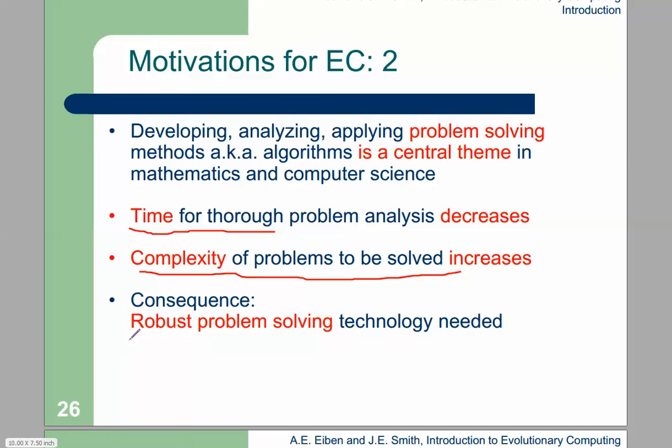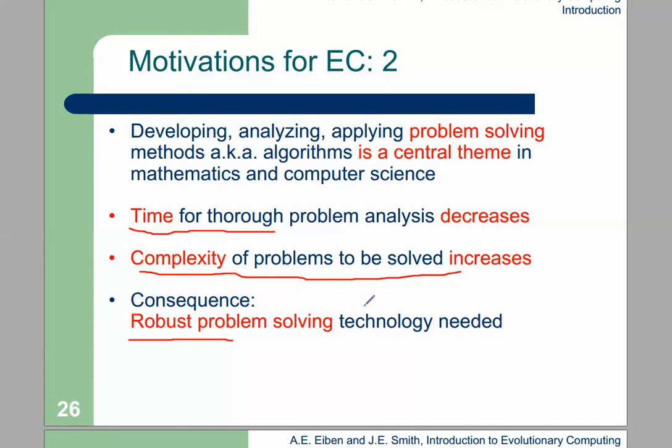Evolutionary computing is robust, and it sometimes can reach a solution, an acceptable solution. It may not reach an excellent solution, but it can always provide an acceptable solution.